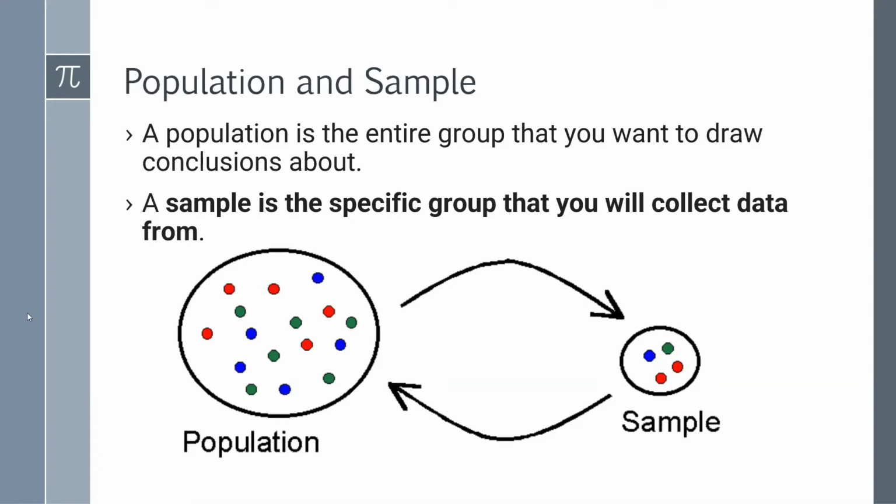Out of the population, I will select, let's say, 10 students and 5 teachers, and collect the data from them. That is the sample. Because you cannot study the whole population, that's why you select samples.